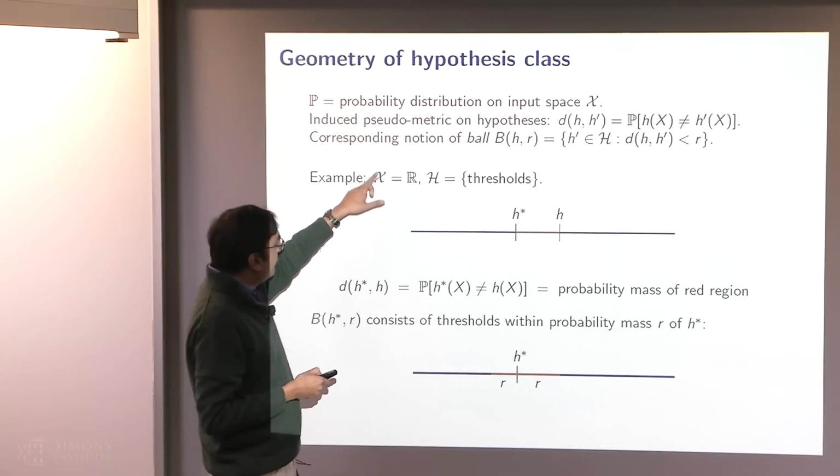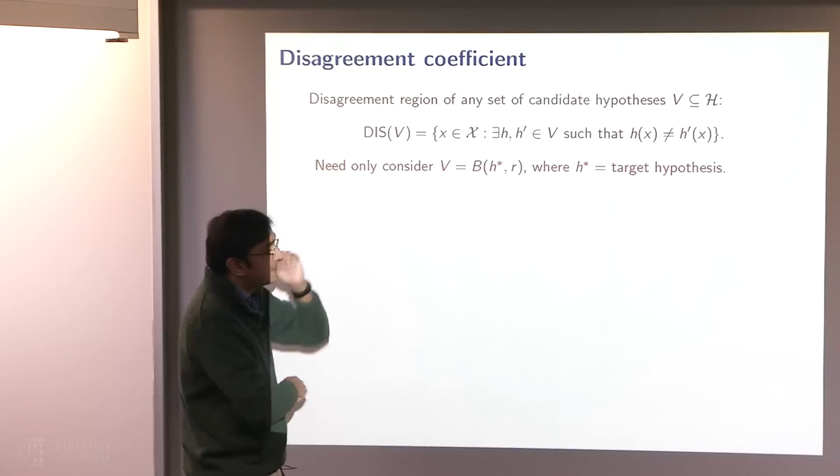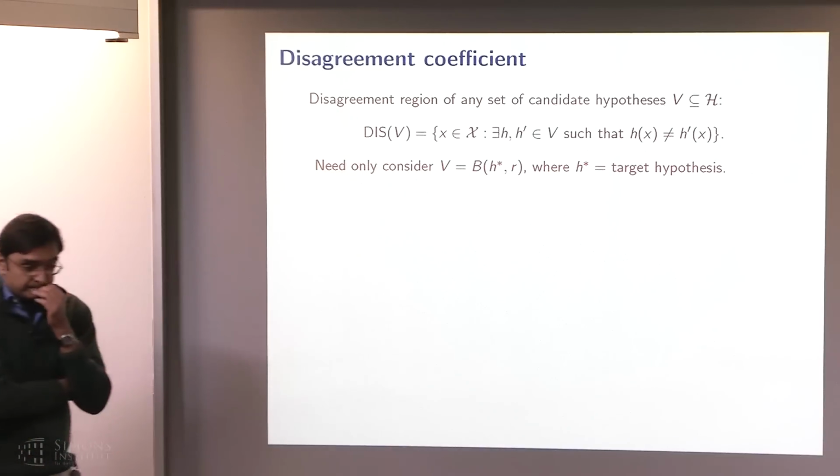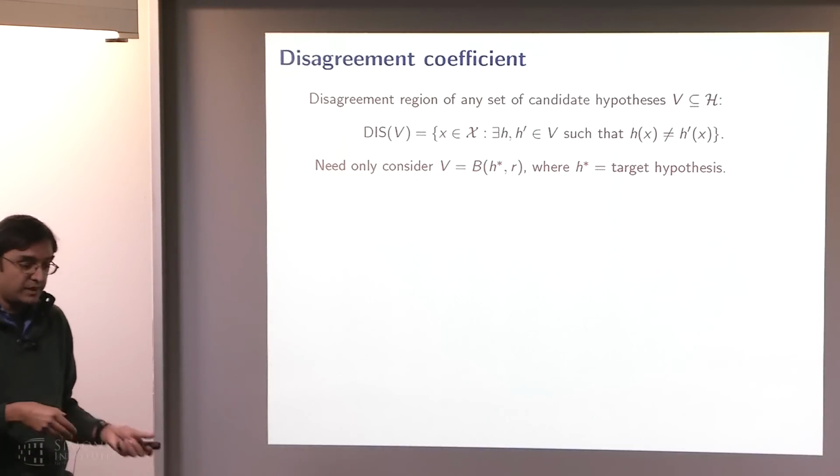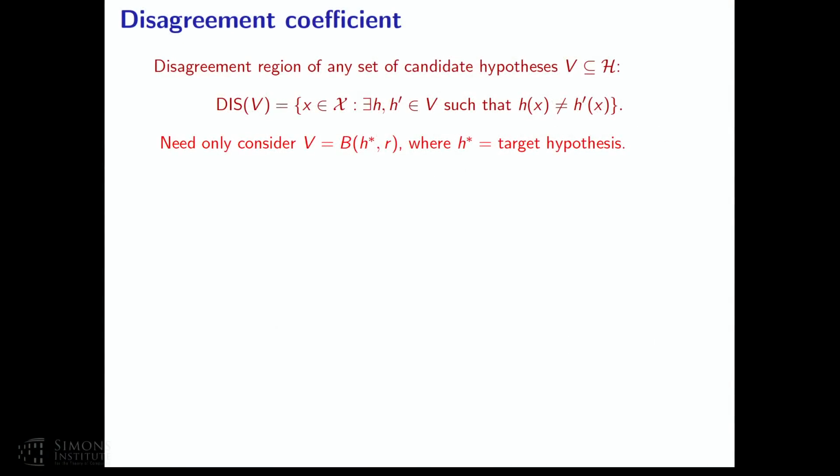Now, the disagreement region: we have our current version space, and we're looking at the points on which there's some disagreement. As time goes on, the version space is all classifiers that are consistent with the data you've seen so far. There are lots of different things this version space could be, but the only ones we need to be bothered with are balls around the target classifier.